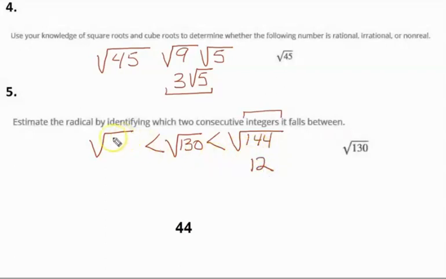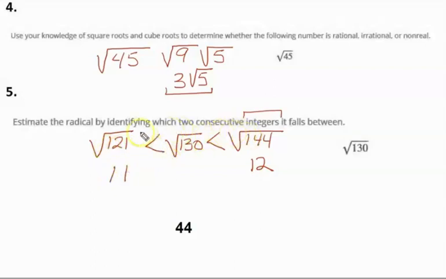So the next perfect square below that, less than 12, would be 11, and 11 squared is 121. So the square root of 121 is 11.